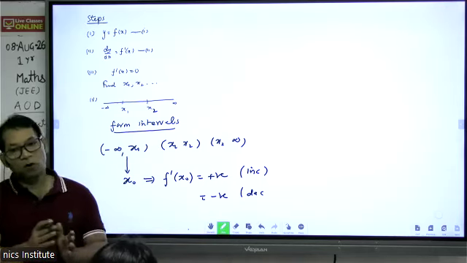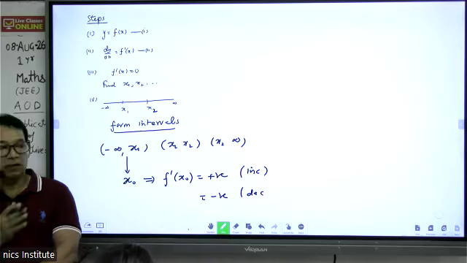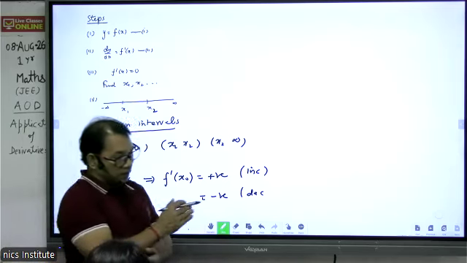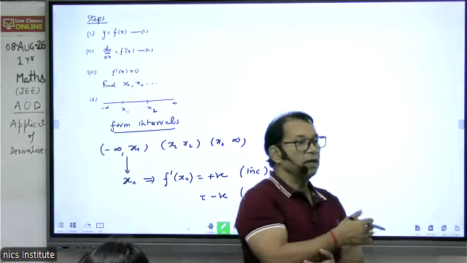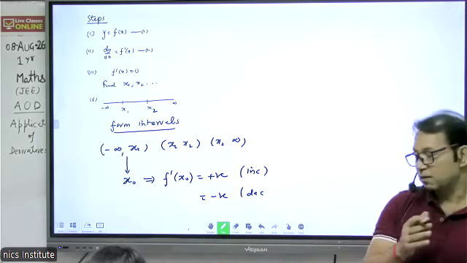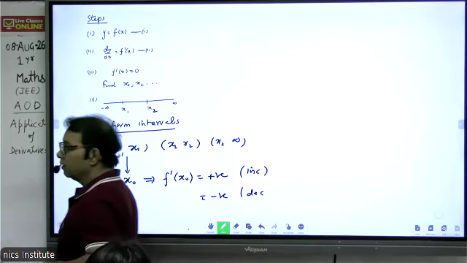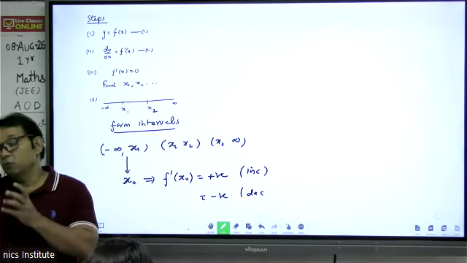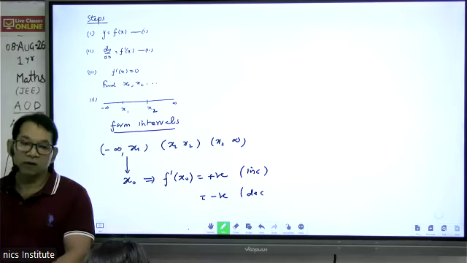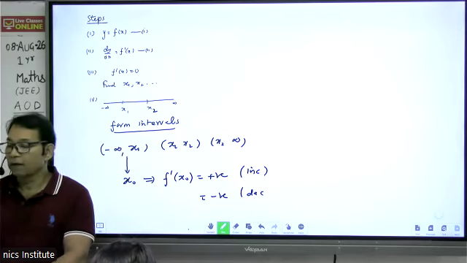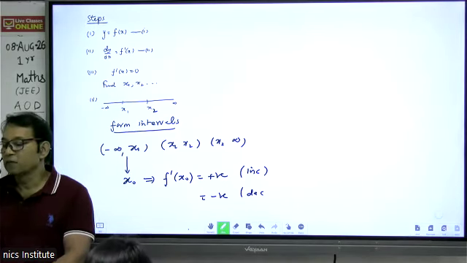Mostly it'll always be alternate: if it's increasing, the next interval will be decreasing, then it'll be increasing again, except for a few questions where the function is increasing or decreasing in consecutive intervals. So these are the steps.